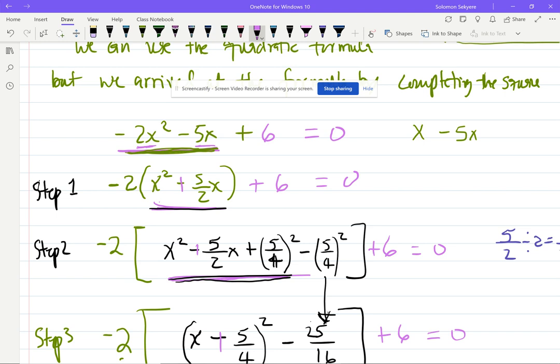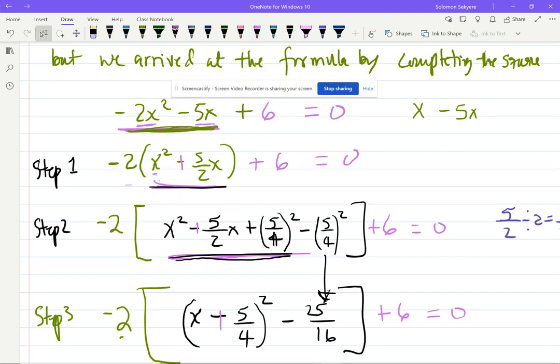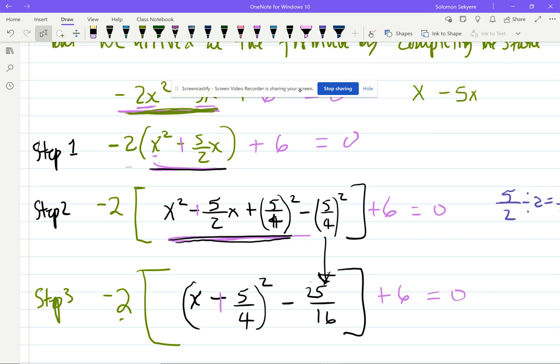We factored it out. When you factor -2 out, the signs change. This is positive now, that's positive, and the 5 we now divide by 2.